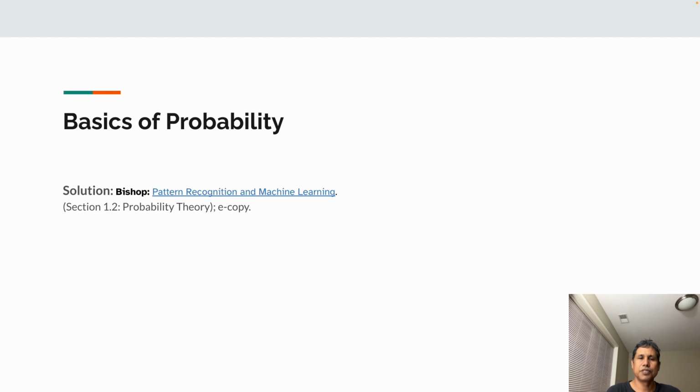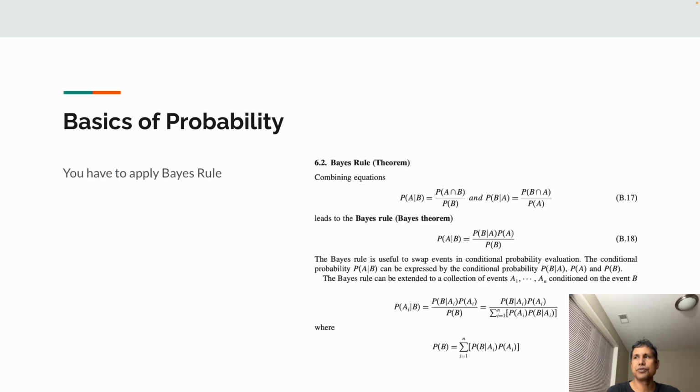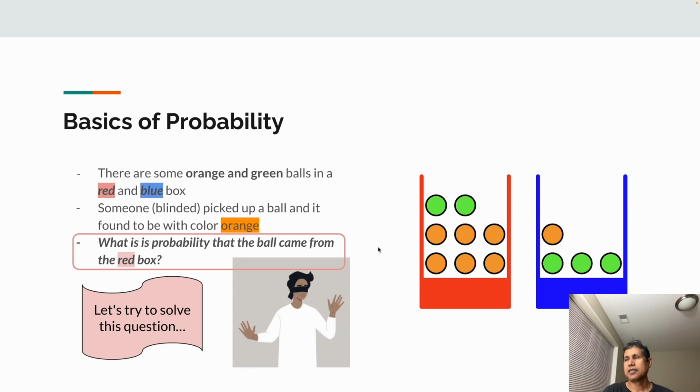I suggest that you go through section 1.2, probability theory, from the book Pattern Recognition and Machine Learning. I suggest that you put some effort into understanding this problem because this will help you to understand this math jargon, okay? Again, here we are trying to estimate the probability of the ball coming from the red box by taking into consideration these 2 boxes.